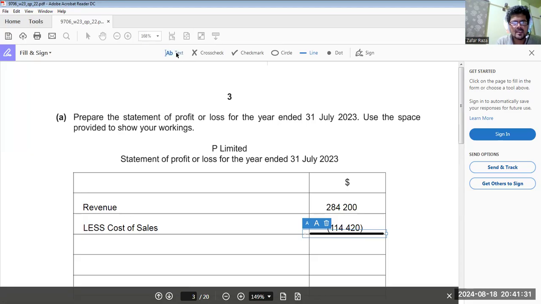How much? 284,200 minus 114,420 is 169,780. This is our gross profit.